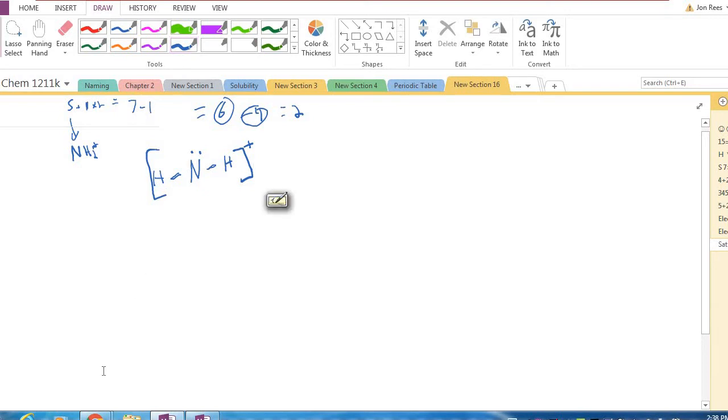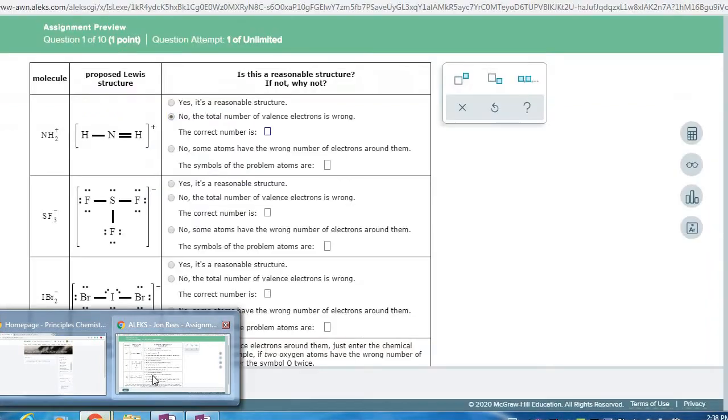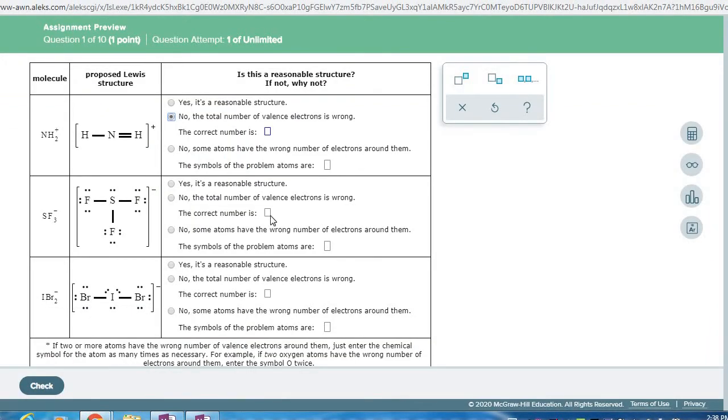It does violate the octet rule, and that's what we're studying now, our violations. So let's go back to the proposed structure. We see that there are 2 double bonds around that hydrogen, and that doesn't work. If I count up the valence electrons, this has 2, 4, 6, so that one is correct.